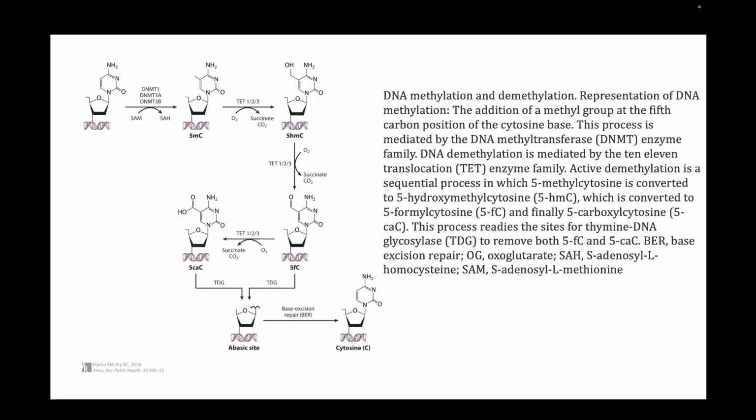You will come across these in the later stages of this lecture as well. The conversion of 5-methylcytosine to 5-hydroxymethylcytosine is basically a formation of a hydroxy group along with the methyl. So this is how the formation occurs.